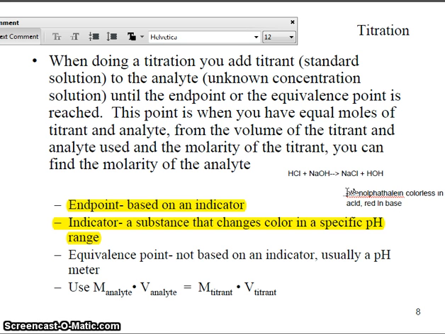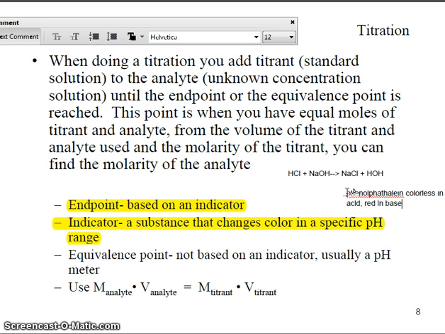Of course, you can use a pH meter that measures the pH, but it is a very expensive, fancy piece of equipment, something you'll learn about in general chemistry too. For now, consider that phenolphthalein is going to be the indicator, which is going to be a rather inexpensive method of monitoring this neutralization reaction.